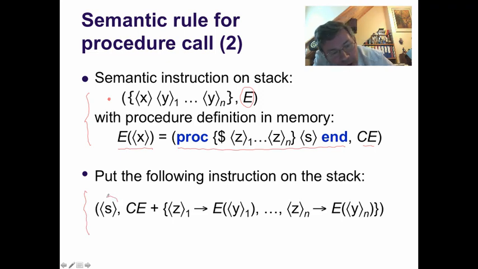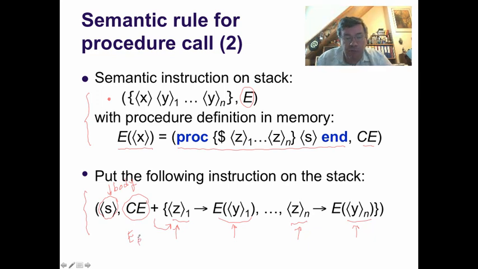We will execute the body of the procedure, which is S. And the environment that we will execute it with is the contextual environment of the procedure, adjoined or added to the links between the formal arguments and the actual values. So in this environment we have from Z1 to Zn, and here we have E of Y1 to E of Yn. And that is the environment that we called E index P in the example before.